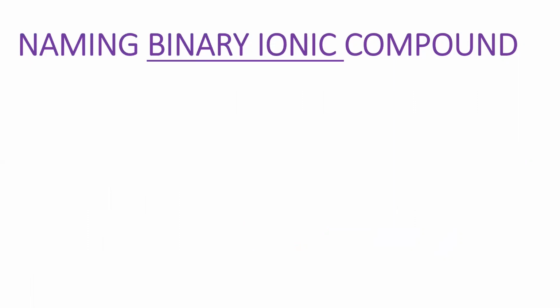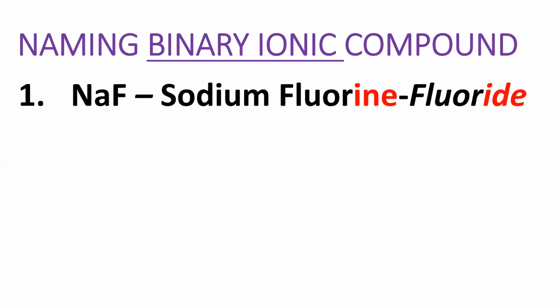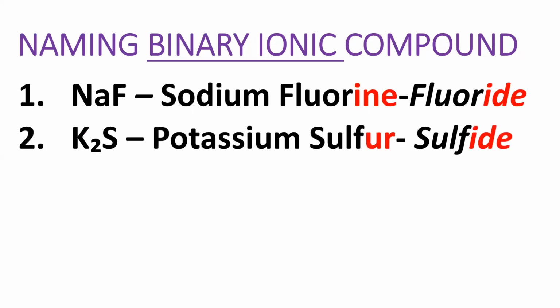So let us have here examples like sodium fluoride, sodium and fluorine. Sodium remains the same, that is the cation, a metal, and fluorine ends with IDE. From fluorine, it turns into fluoride.